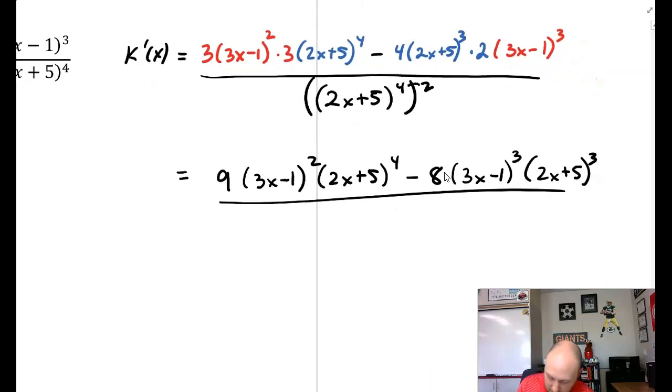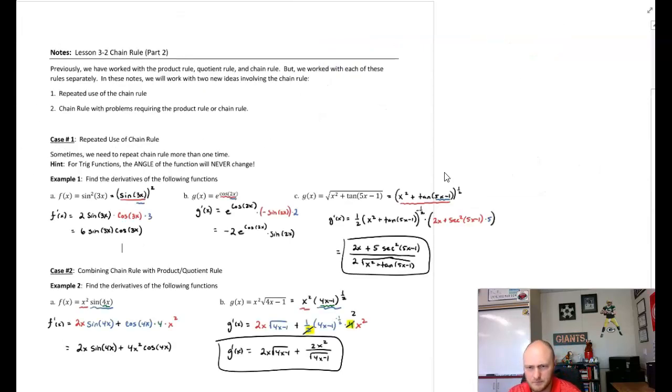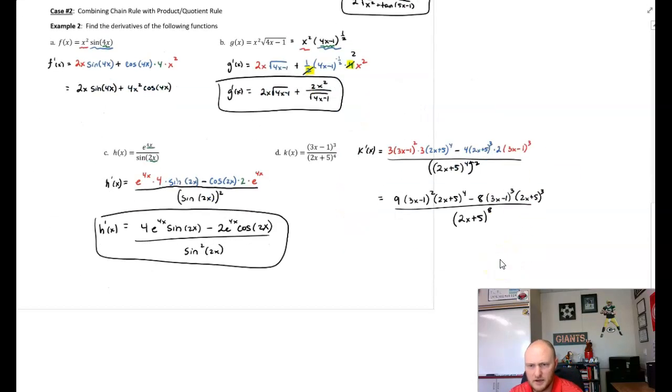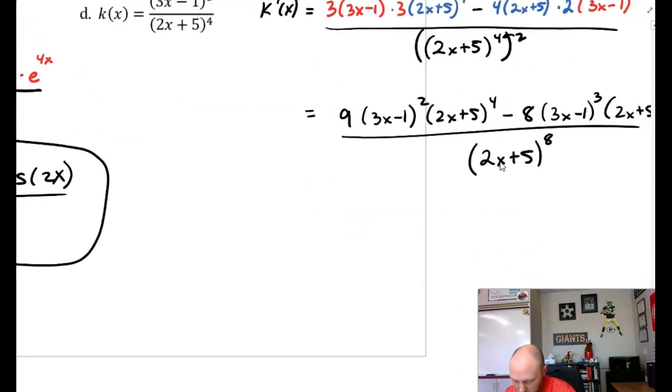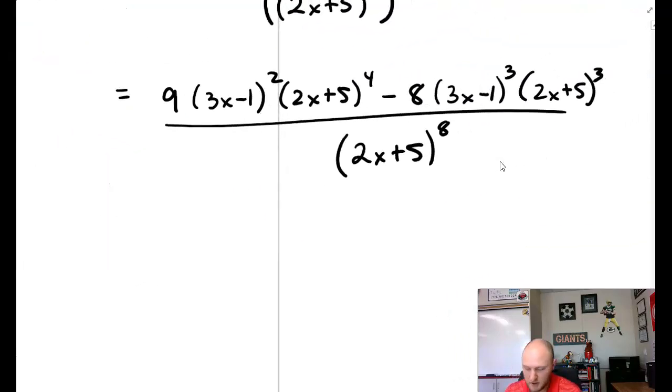So here we have power of a power, and this just gives us 2x plus 5 to the power of 8. All right. Alrighty. Make sure I didn't mess that up anywhere else. No. Okay. And there you have it.